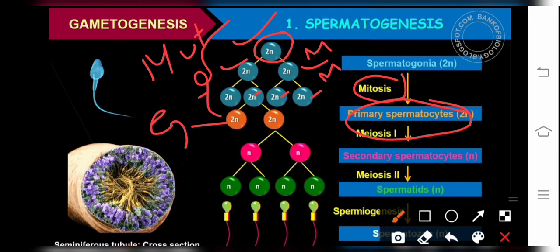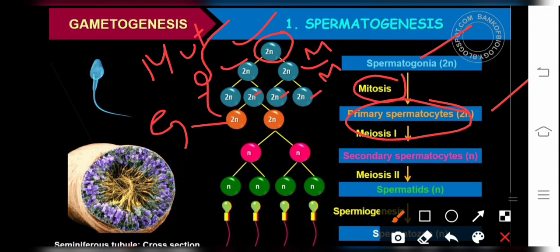So sometimes they may ask you whether spermatogonia is haploid or diploid, or whether primary spermatocyte, secondary spermatocyte, or spermatids are haploid or diploid. So you must remember the basic process. Spermatogonia, as I said earlier, is diploid. Primary spermatocyte is also diploid, because only mitosis has happened there. Correct? So the spermatogonia is diploid and it is divided by mitosis.